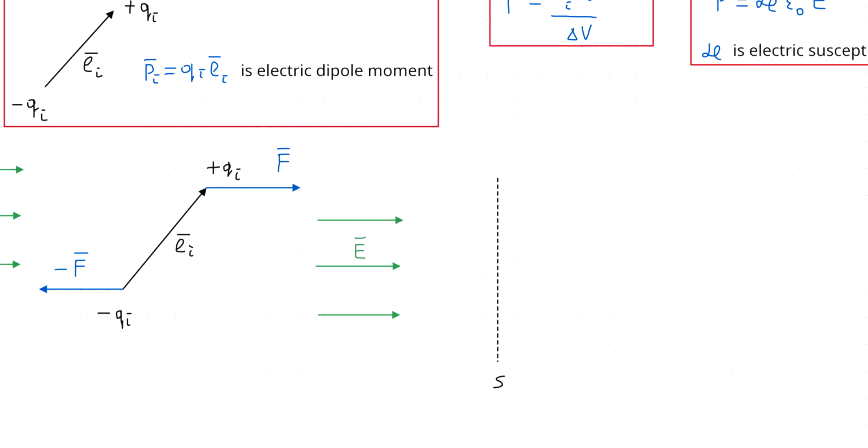Because of this, negative charges will move a little bit to the left.